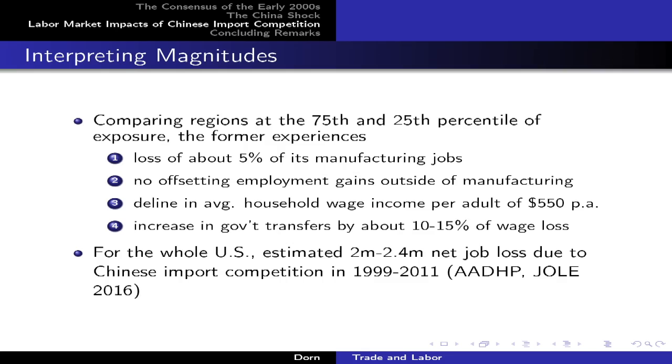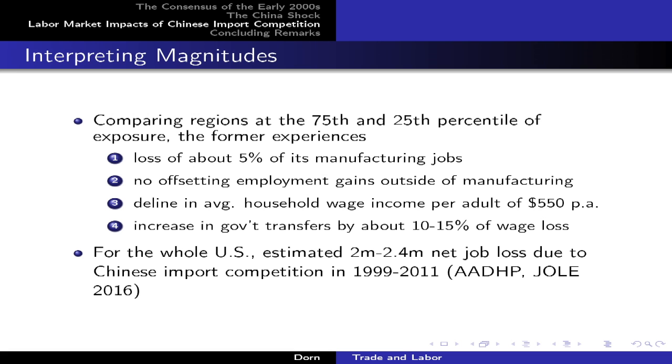The average household income per adult falls by over $500 per year in those locations, and the greater income from transfer benefits only compensates maybe 10 or 15% of those losses, meaning that although these transfer systems do react, they are not generous enough to really offset a large part of the financial loss.